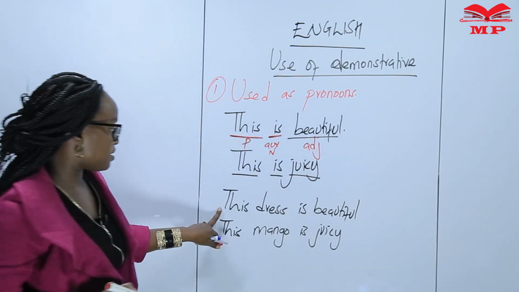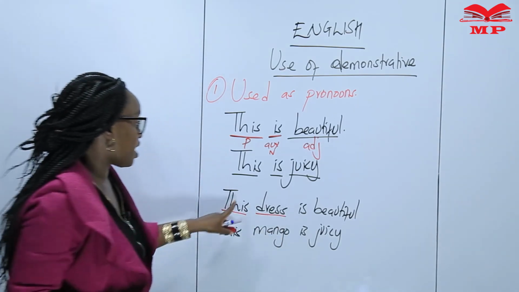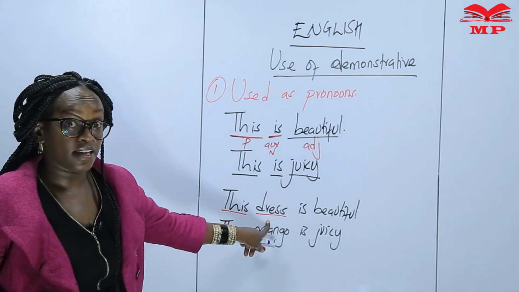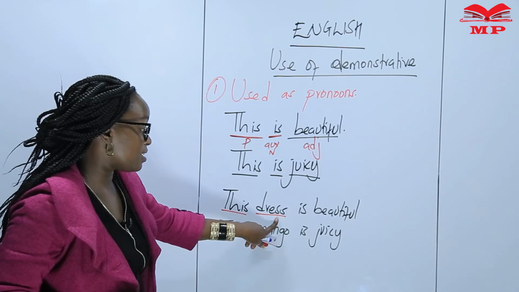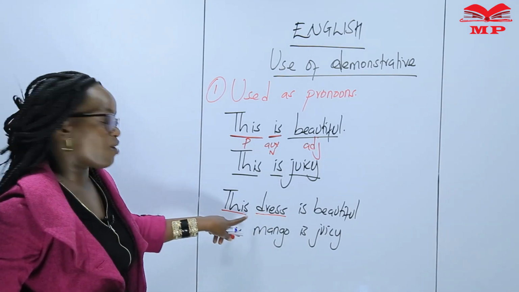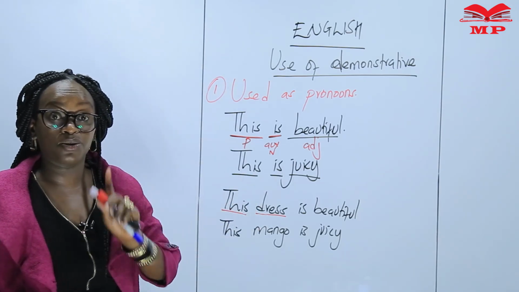And then look at this sentence here. After our demonstrative here, there's actually a noun that comes after it. So in this sentence, we are actually just using this dress to form a noun phrase, or to basically show what particular thing we are talking about.